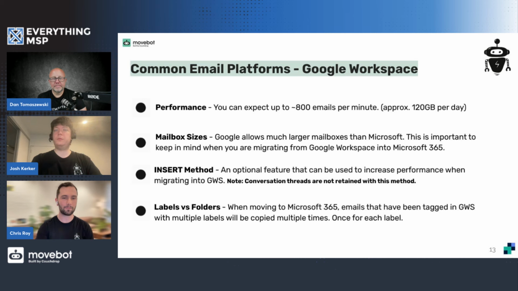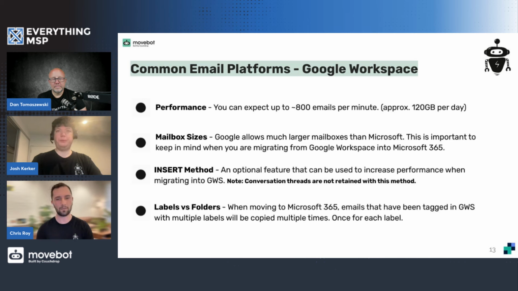The final one on the Google front is labels and folders. Anyone who's worked with Google before will know that Google doesn't really use the folder concept. They have what they call labels, so emails can be tagged with multiple labels.